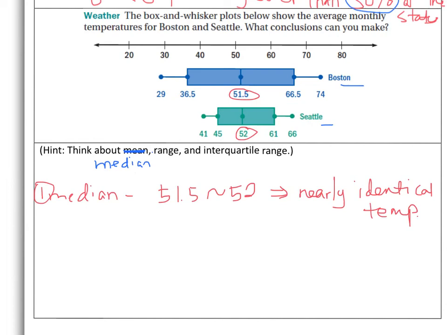And now I would like to compare the range and interquartile ranges. Okay, so the range and the interquartile range.